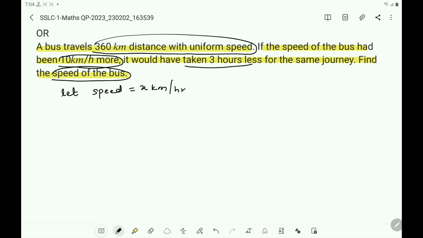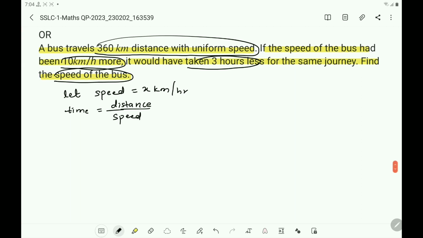How much decreases? 3 hours. So what is the formula for the time? You know that time is equal to distance by speed. So you can write that is equal to what? 360 is the distance and x is the speed. Consider this is the first.